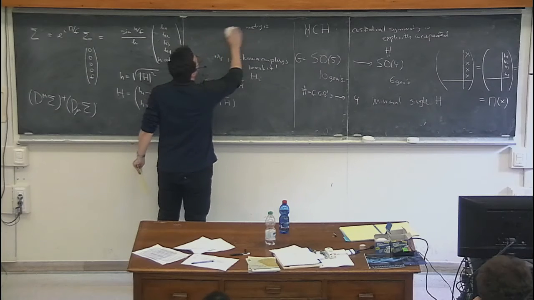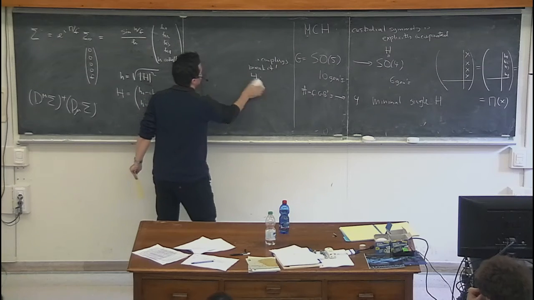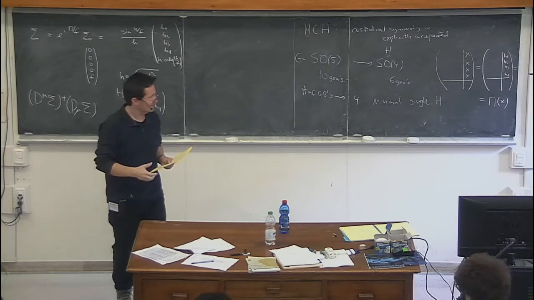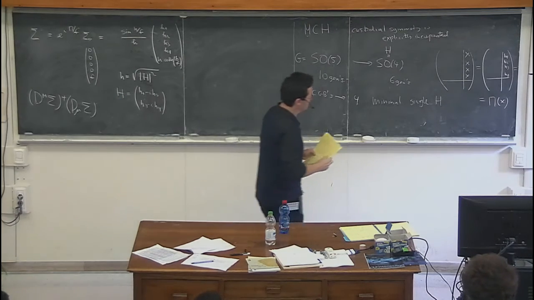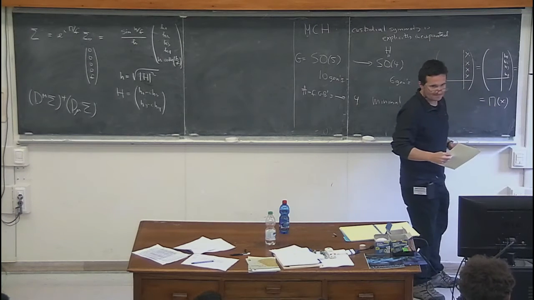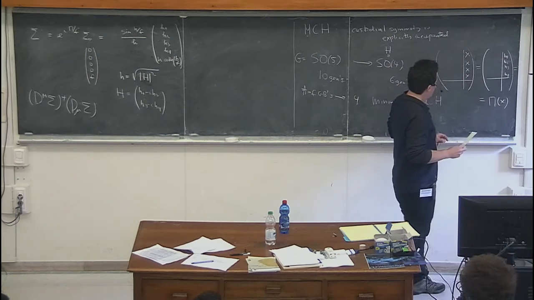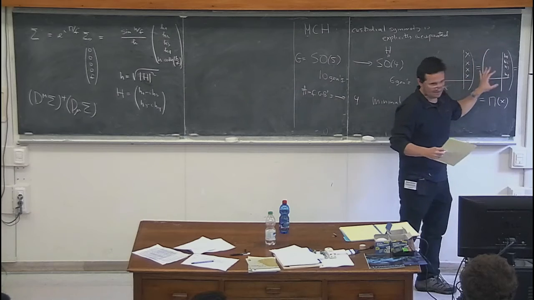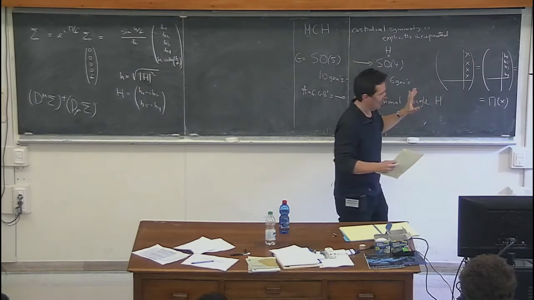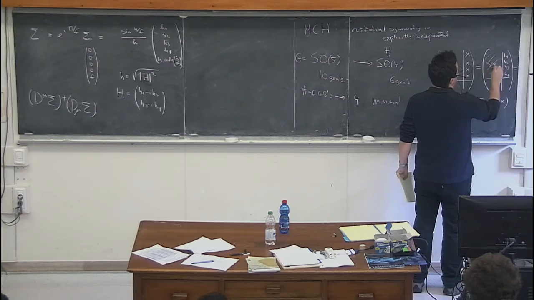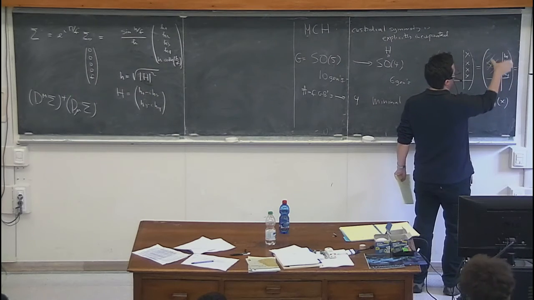Okay, so let's do that explicitly. Let me write the result down. So this is in the SO(4) language. This here is the unbroken SO(4), and the whole thing is SO(5).